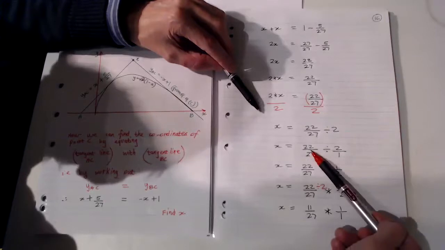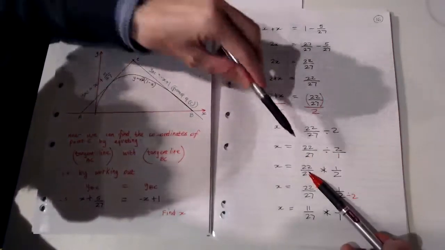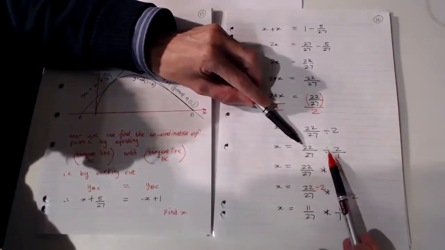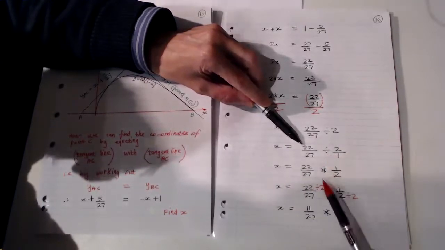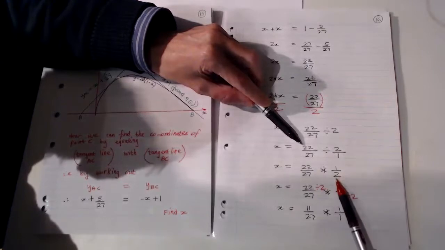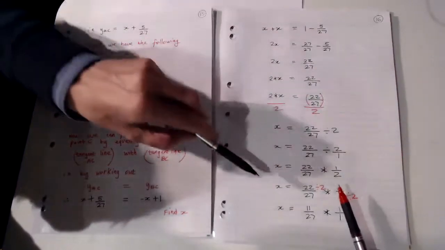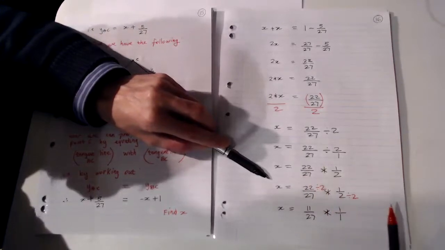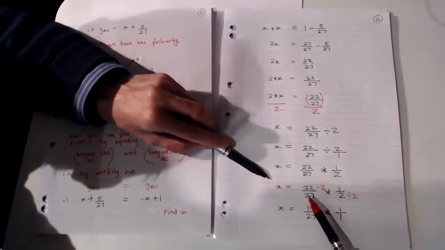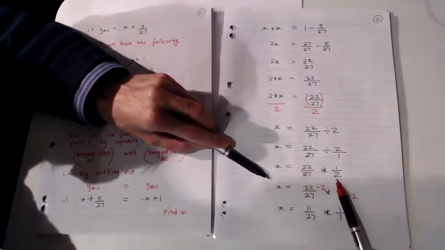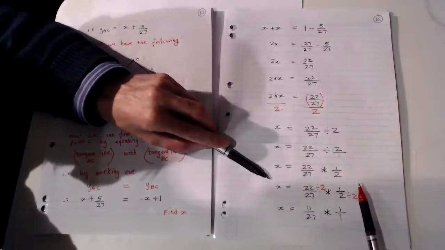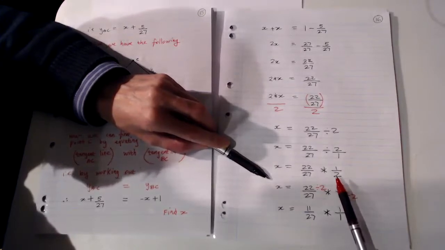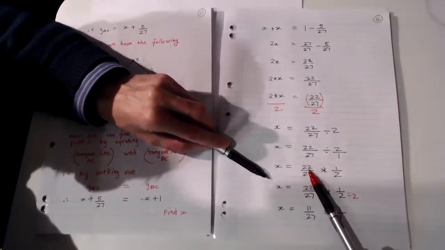And then fraction divided by fraction: keep the first fraction the same, so it comes out to 22 on 27. Change the divide to times, and turn the second fraction upside down, 1 on 2. And therefore, I rewrote that black line out here again. Like they teach you in grade 5 fraction theory, when you go fraction times a fraction, you've got to ask yourself, is there a common factor between one of the bottom numbers and the top numbers? Yes, there's a 2.